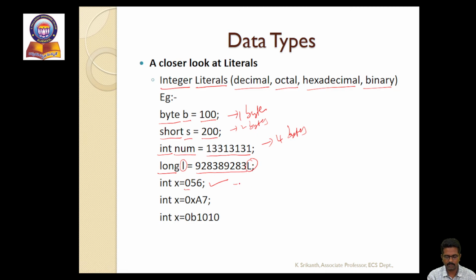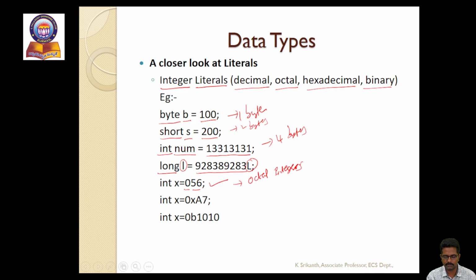Whenever an integer starts with 0, we call it an octal integer. This value is an octal integer value because the number starts with 0. So whenever a number starts with 0, we call it an octal integer in Java, right?